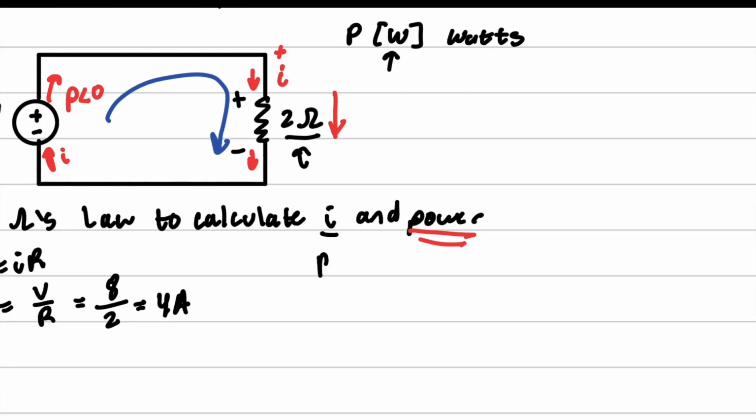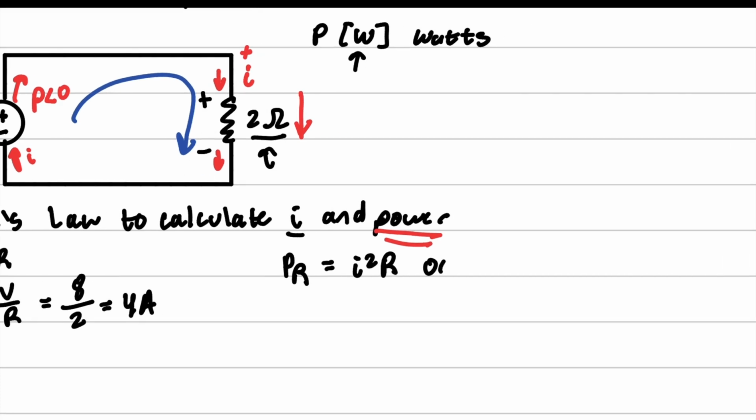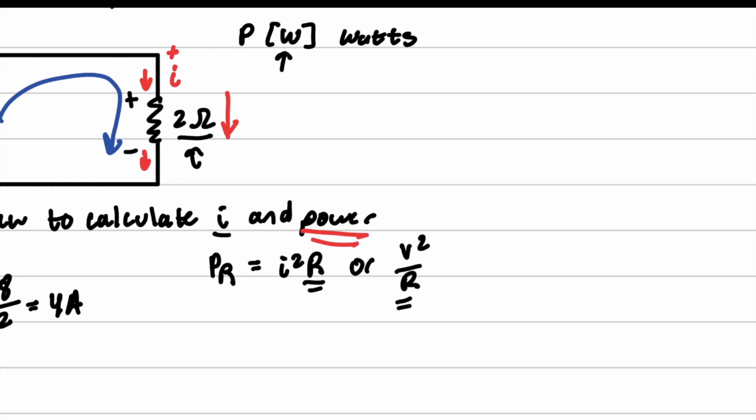The power dissipated by the resistor is going to be I squared times R, or V squared over R, because we need the R in this equation or we can't find the power of the resistor.